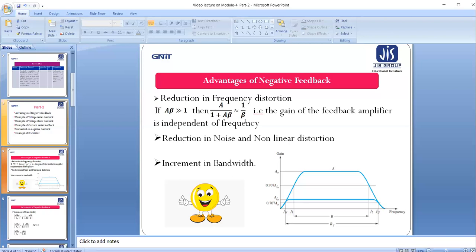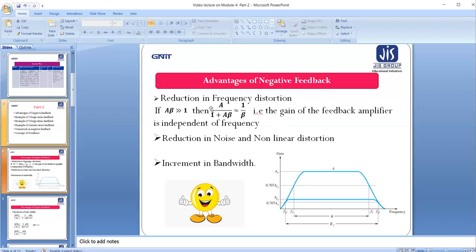So suppose the noise is input at the amplifier, then due to this function, the noise output will be reduced by this factor, because of the 1 plus A beta term. Therefore, if noise is impinged onto the signal, it will be minimized due to the negative feedback mechanism. That's why the noise is reduced in a negative feedback circuit.